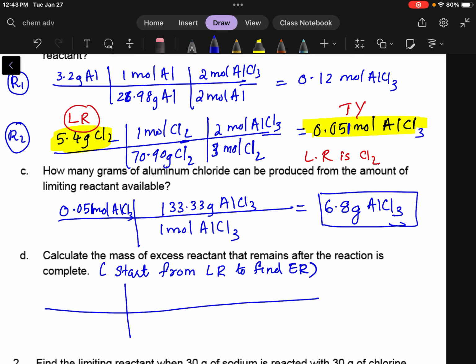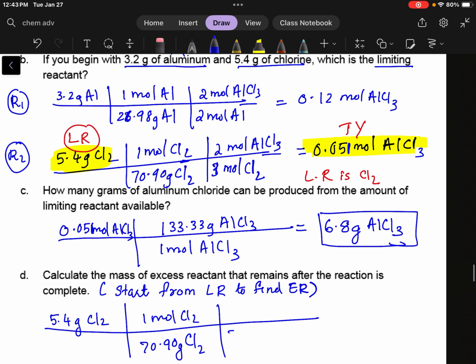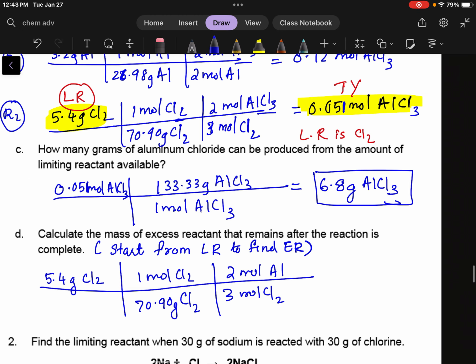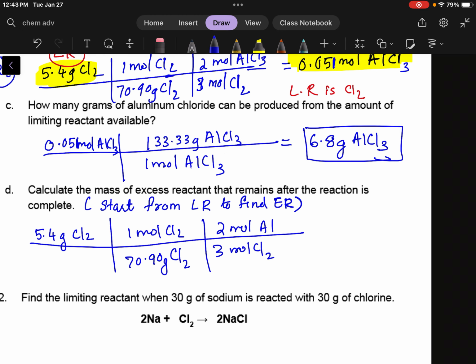So we are going to start the T chart from the limiting reactant, which is 5.4 gram of chlorine, and you can use all the values from the previous. 1 mole of chlorine, and the balanced equation says 3 mole of chlorine needed, 2 mole of aluminum, and we are continuing because it is mass, so it is easy to continue one more step. 1 mole of aluminum is 26.98 gram of aluminum.